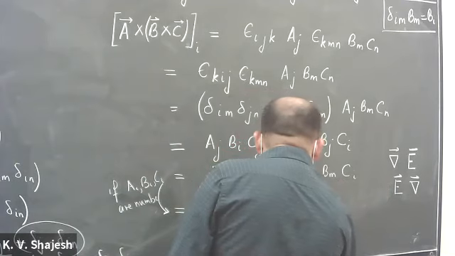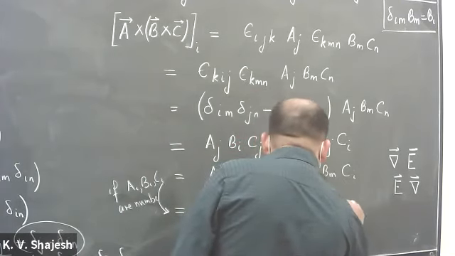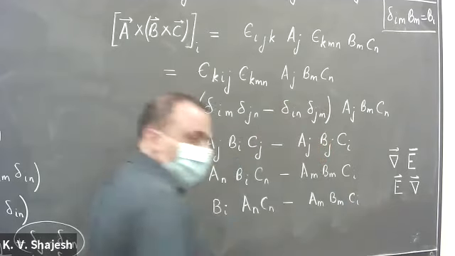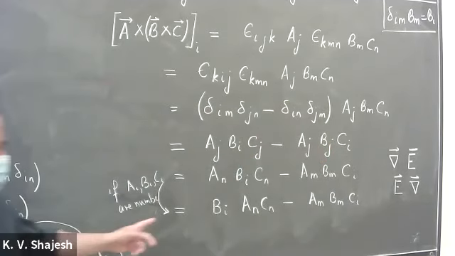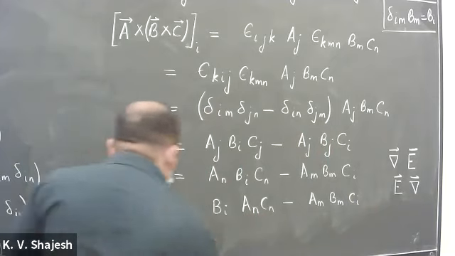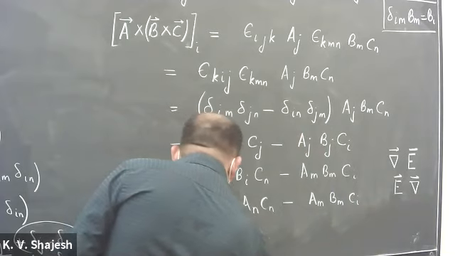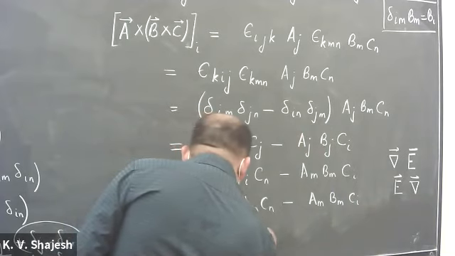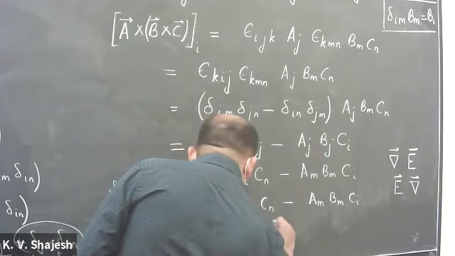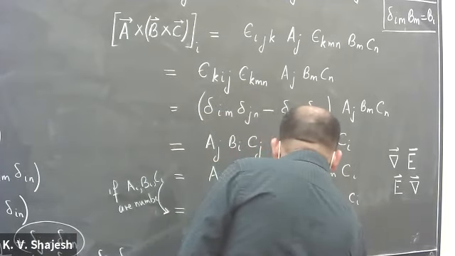So this is written out, times CI. And then you see that this is a vector B, A dotted with C, minus A dotted with B times C.